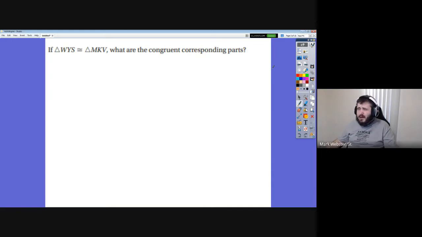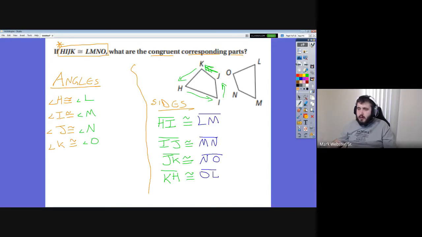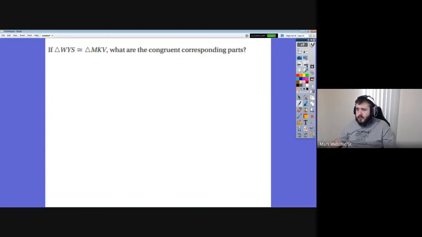Same idea. Notice how many angles, how many sides there are going to be. Alrighty. So again, I'm not saying that you have to do this, but I am saying that sometimes a picture, even though we didn't really use it here, does help to direct our thoughts a little bit.